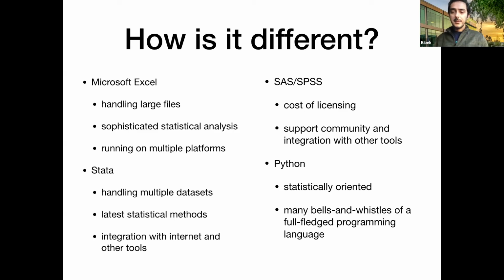And then there is a second question about what are the advantages of R over Python? Okay, I think I'm in the perfect spot here to answer this question. You can see on the slides. The advantage with R is that it is more statistically oriented. Python is a general purpose programming language, and it has a lot of bells and whistles because it is meant to do so many other things, not only statistics.